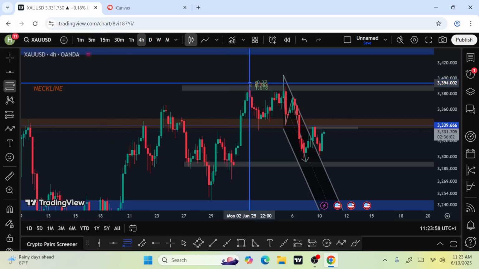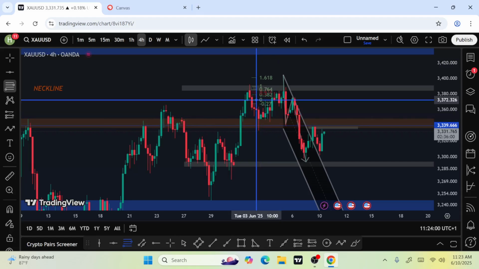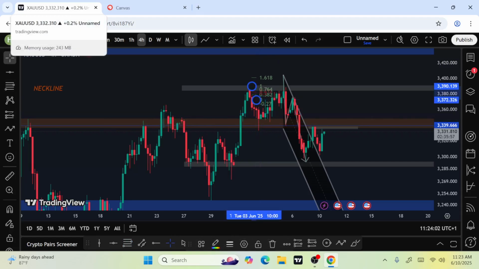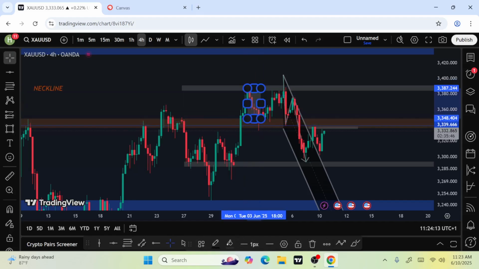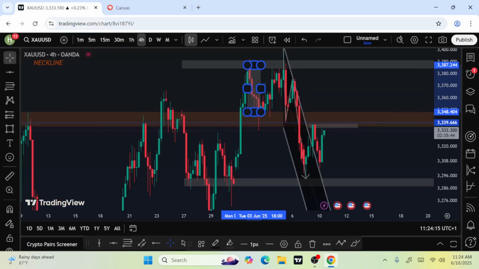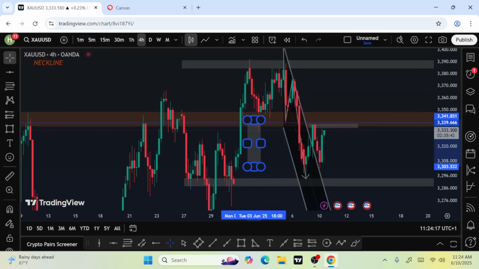From this point, right? What am I drawing? To the neckline. Now, from the neckline, where's the neckline?